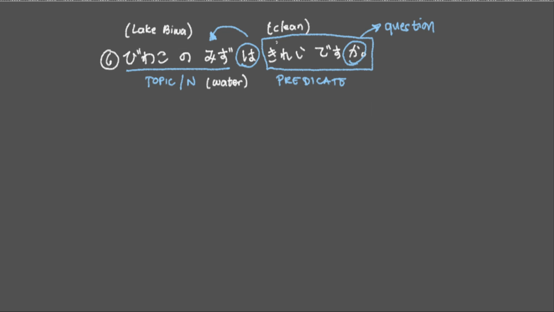Now this is one of those adjectives that end in I, kirei, but is not considered an I adjective, because if you make it into a negative form as an I adjective, it sounds wrong. You say kirei kunai, it doesn't make sense. So it is used as a na adjective.